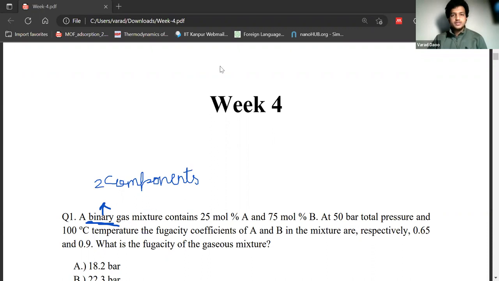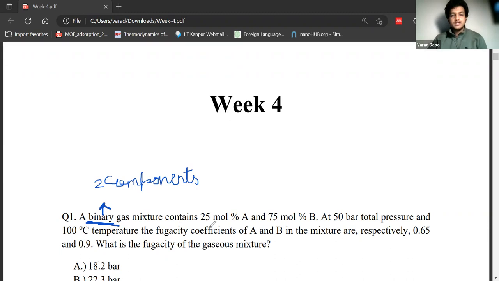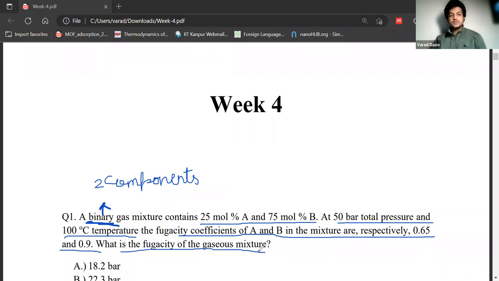A binary gas mixture containing 25 mole percent A and 75 mole percent B at 50 bar total pressure and 100 degrees Celsius of temperature. The fugacity coefficient of A and B in the mixture are respectively 0.65 and 0.9. What is the fugacity of the gases?